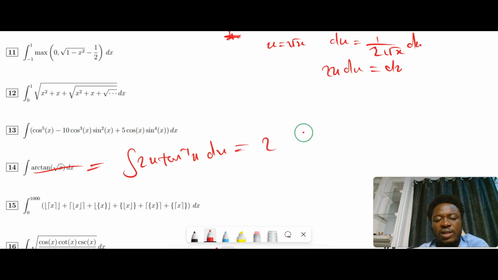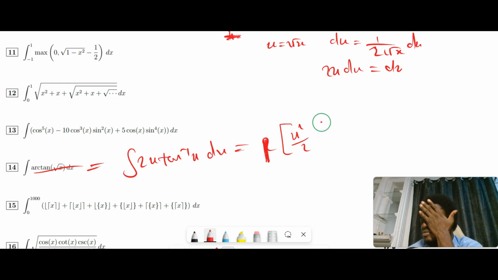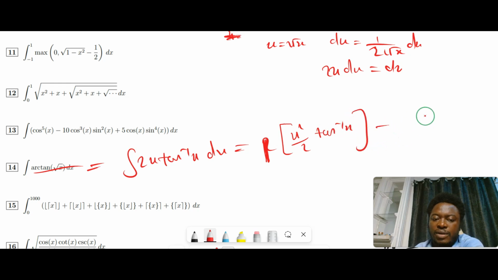So that is twice of, I think this is where you do integration by parts. So u squared over 2, and then you get tan inverse of u, and then minus the integral of u squared over 2 times du over 1 plus u squared.